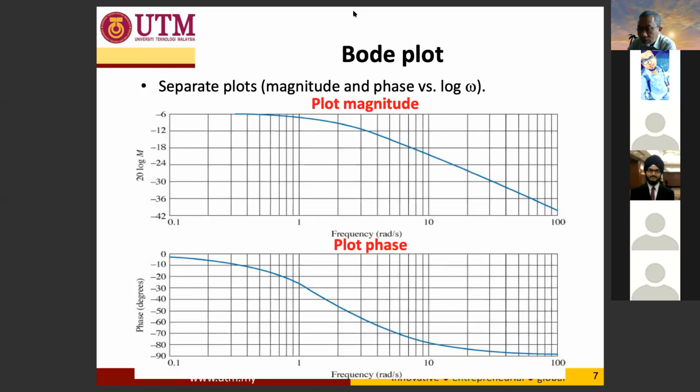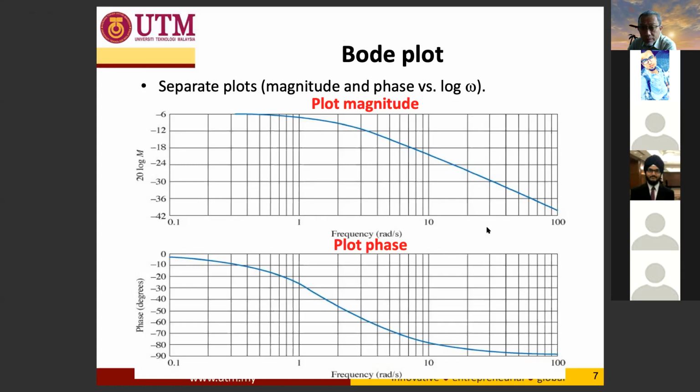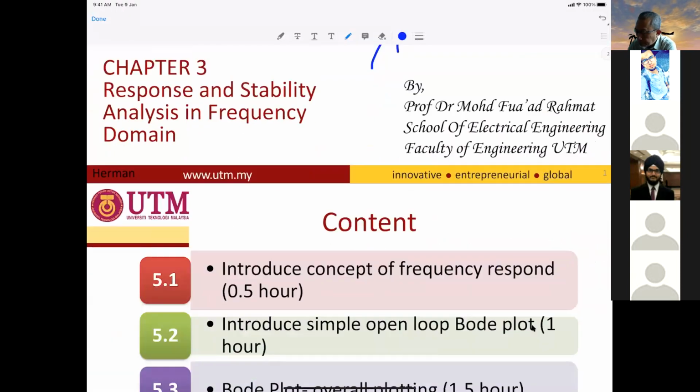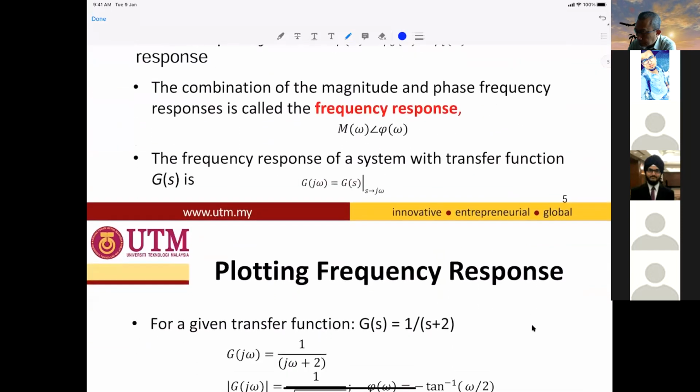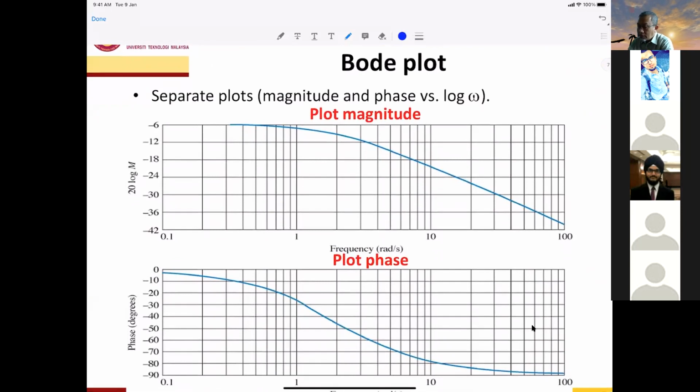So let me share with you the plotting. I think using the iPad is better. Okay, this one. So the blue one is the real. So what is the straight line approximation?